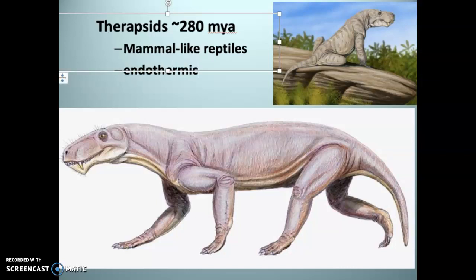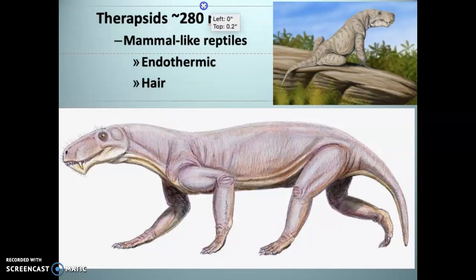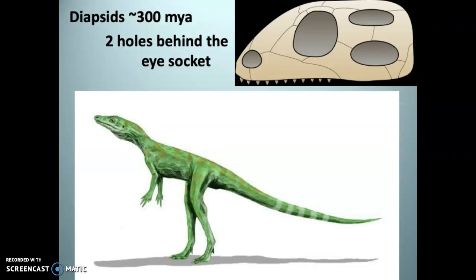The two big things that connect them to mammals are the fact that they were endothermic and that they had hair. And those are some important mammal features. Again, Therapsids are not mammals. They're a mammal-like reptile, kind of an in-between group. And then we can also see another group called the Diapsids showing up.